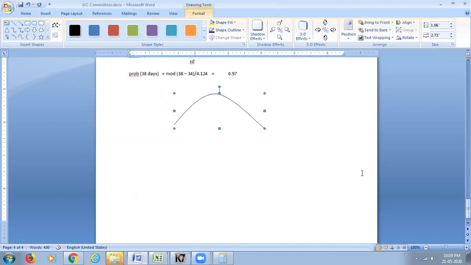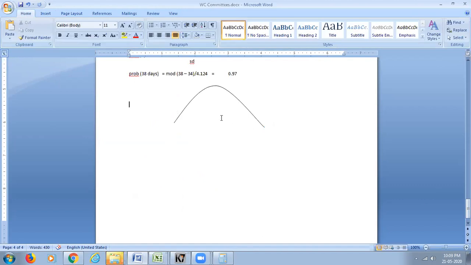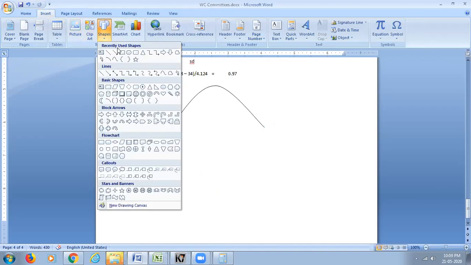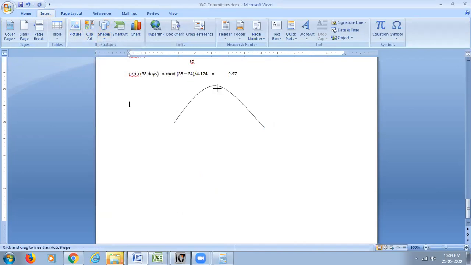Hand drawing probably, with the mu in the center.